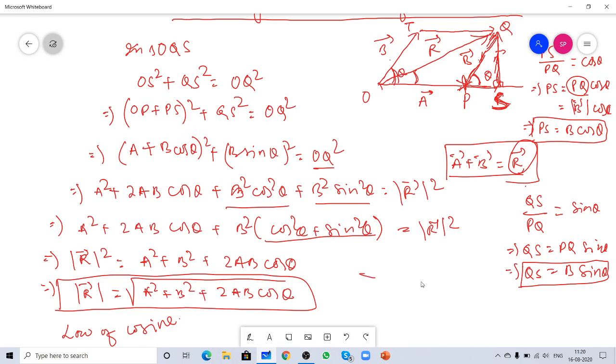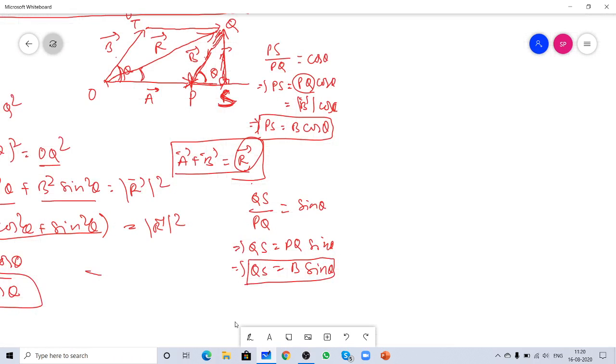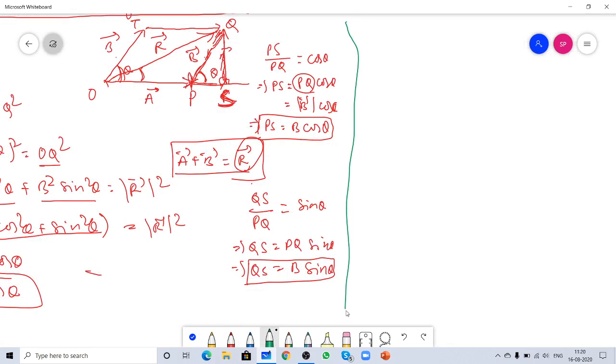So here we got the result that R magnitude resultant is equal to the square root of A square plus B square plus 2AB cos theta.